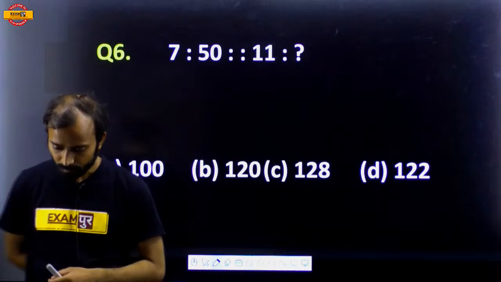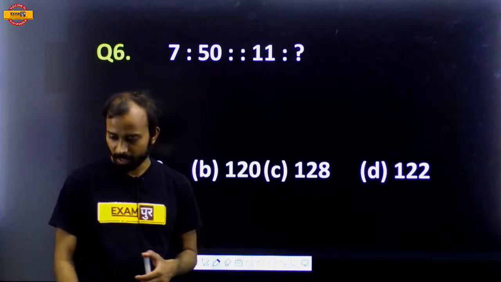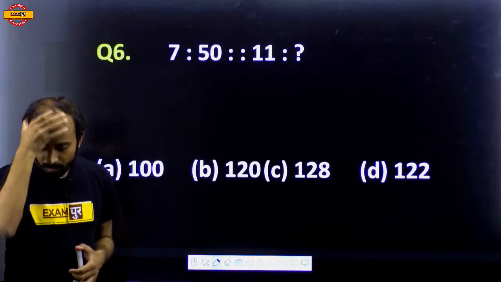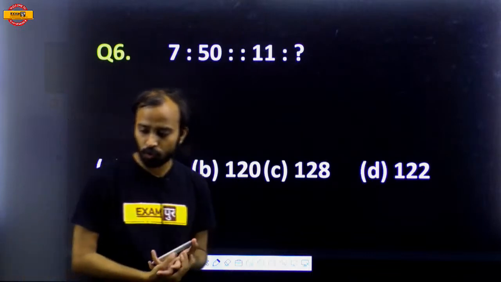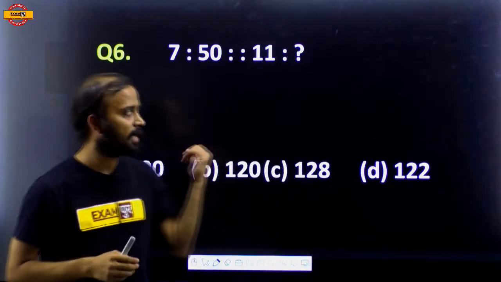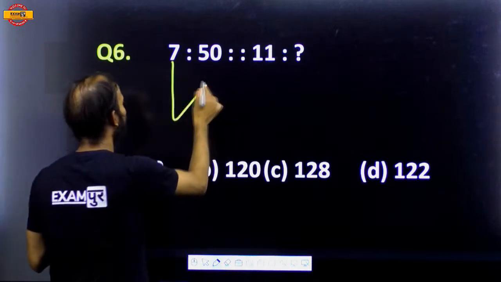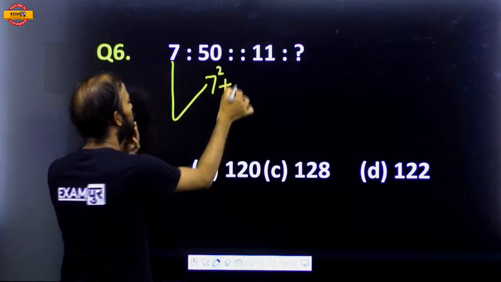122 will be the answer. Thank you Pooja Mishra, thank you Amrinder Vikram Singh, and thank you Nisha Verma, Harshit 2799, Kajal Avana. Thank you so much, all of you. Why? Because if you go from 7 to 50, then you can easily do 7 square plus 1.